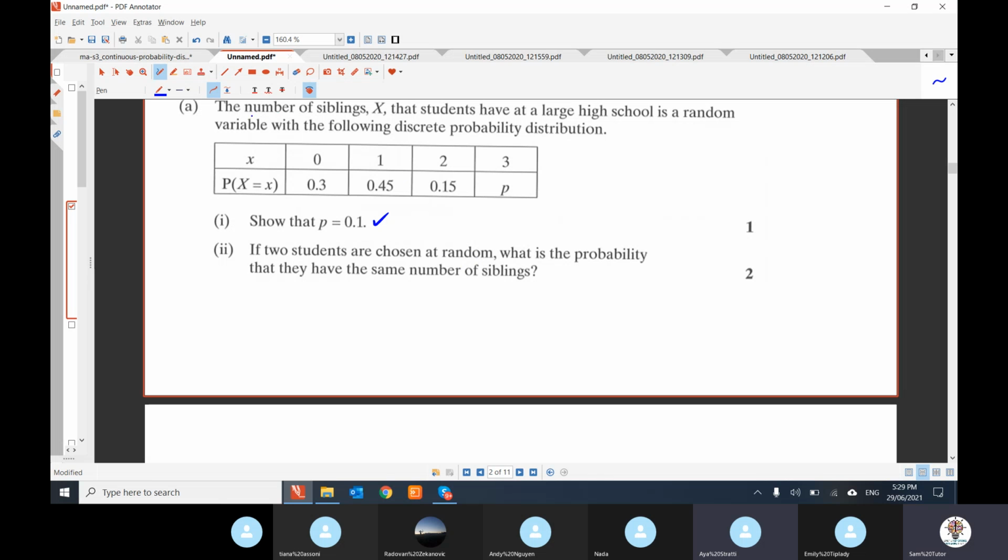The number of siblings, correct. The number of siblings that students have at a large high school is a random variable with the following discrete probability distribution. If 2 students are chosen at random, what is the probability that they have the same number of siblings? Think about it.